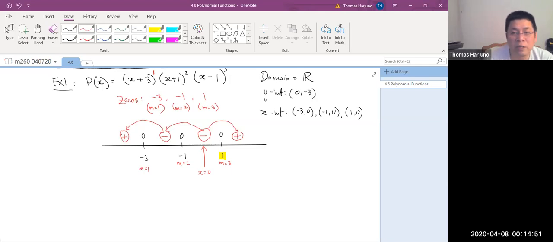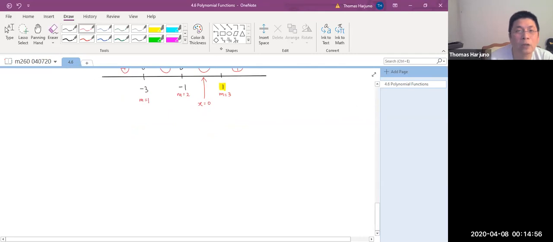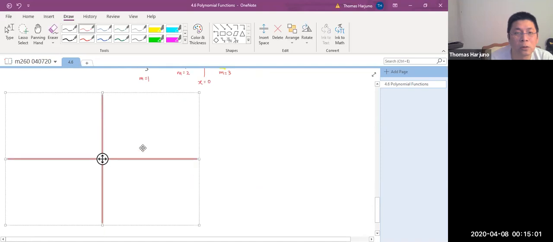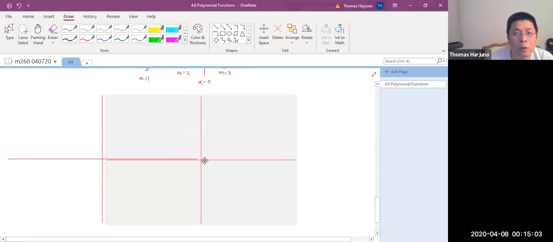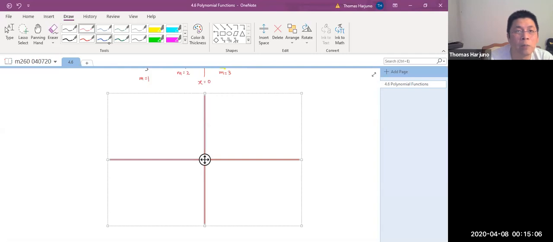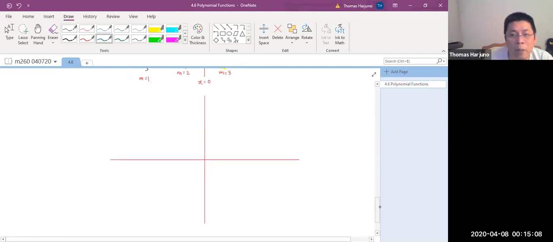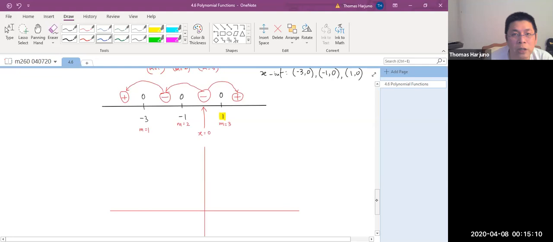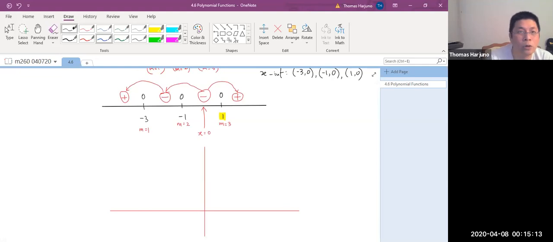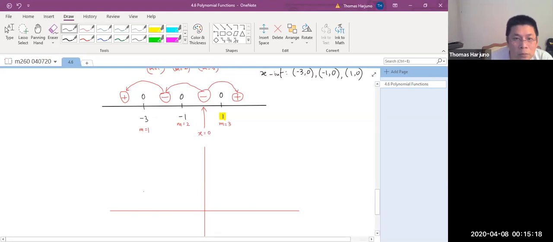Now, what does it mean? It means when I try to graph that later on, my graph will go up and down across the x-axis based on those numbers. So this is -3, this is -1, this is 1.